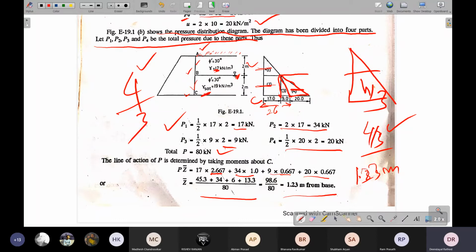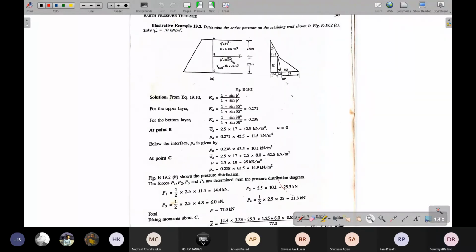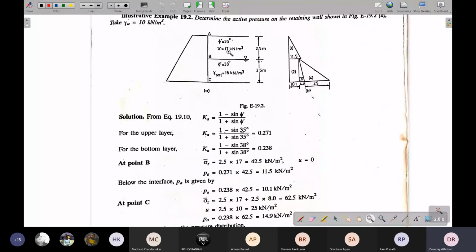That's how we have to find out this pressure. Understood? So next problem we will go. Let me explain this one. Determine the active earth pressure on the retaining wall as shown in the figure.